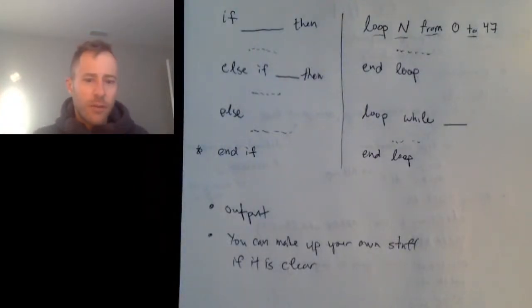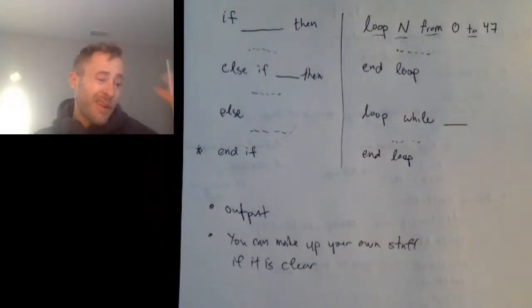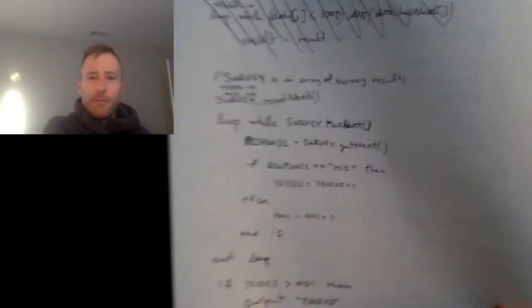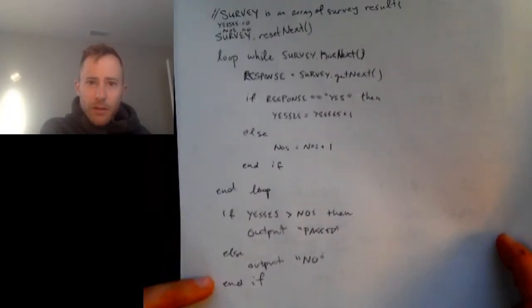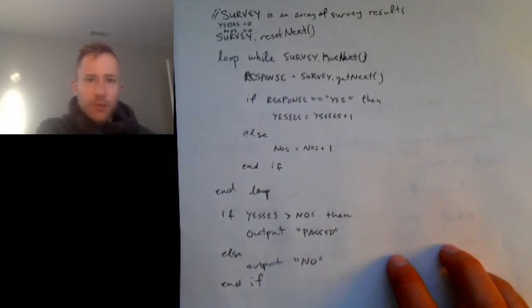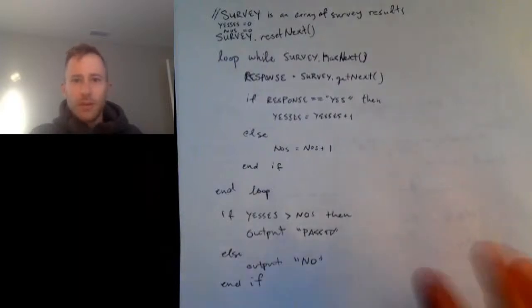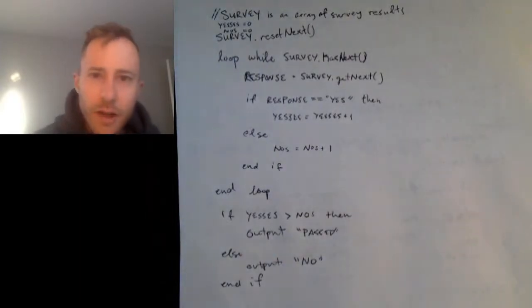So let's look at a couple of examples of pseudocode that I wrote this morning. All right, so here's an example. Hopefully you can see the whole thing. Sometimes in pseudocode they number the lines, but I'm not going to do that.